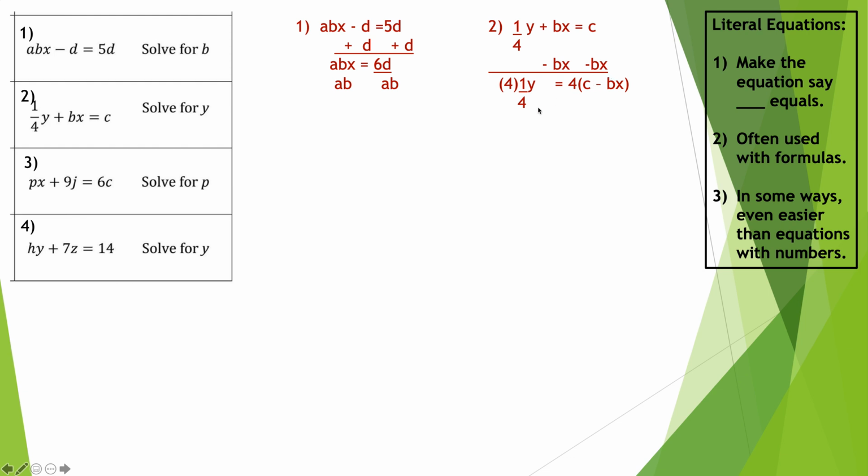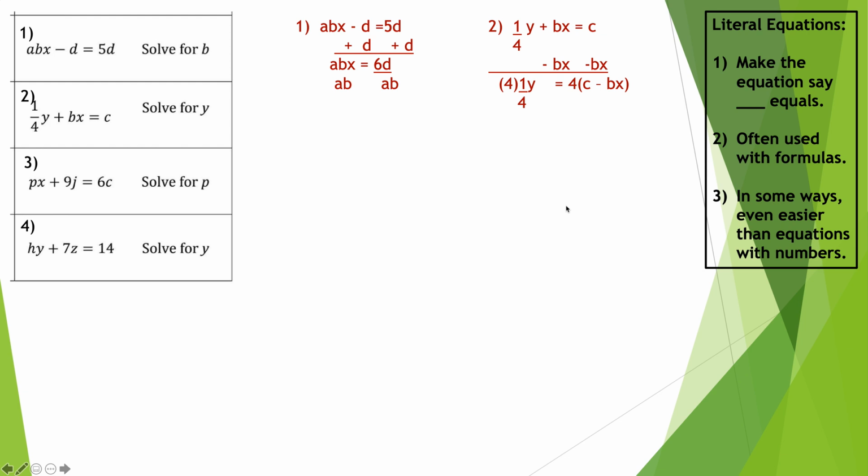And because the 1/4 means divide by 4, next I'm going to multiply by 4, and I'm multiplying the whole side by 4. That means I want to put the c minus bx in a grouping symbol. Grouping symbol is a parenthesis. I'm going to multiply the whole group, hence the need for the parenthesis or the grouping symbol. The 4's would go die here, and I'm left with y equals 4 times c minus bx.